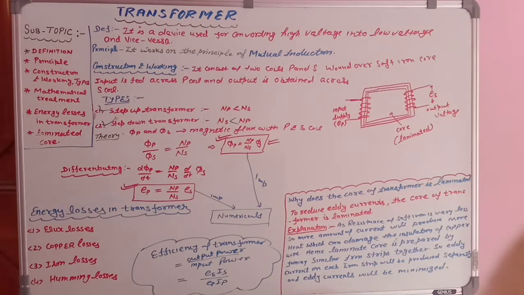Okay, so what is the next step? Differentiating both sides. So d phi P upon dt is equal to NP upon NS into d phi S upon dt. According to Faraday's law, d phi upon dt is equal to EP and ES. So this is again a very important numerical formula. You can see I have enclosed both in a box and written that they are important for numericals, which means you have to keep them in mind.